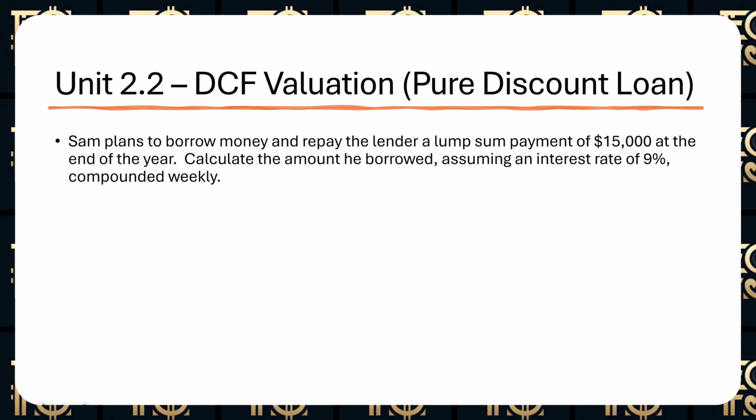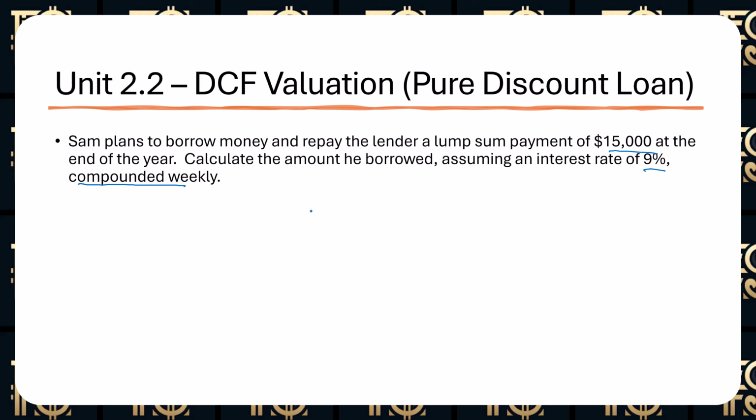Sam plans to borrow money and repay the lender a lump sum payment of $15,000 at the end of the year. Calculate the amount he borrowed, assuming an interest rate of 9%, compounded weekly. This is very similar to a problem that we worked back in Unit 2.1.